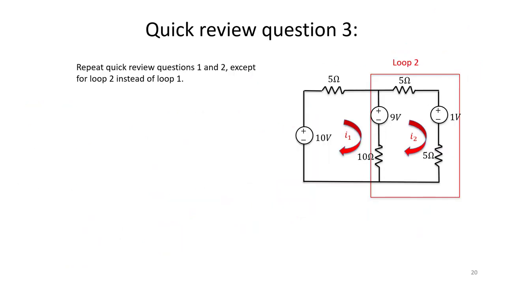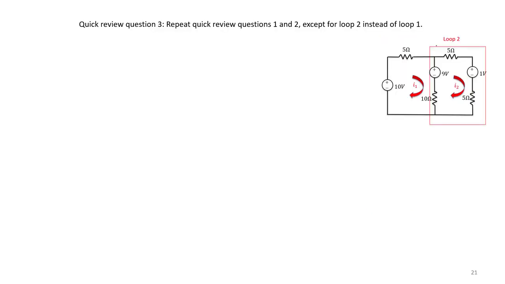All right, so look what we're doing now. In quick review question 3, we're going to do the same exact procedure, except now we are going to do that procedure on loop number 2. So let's go ahead and give this a try. So first I need to apply Kirchhoff's voltage law.